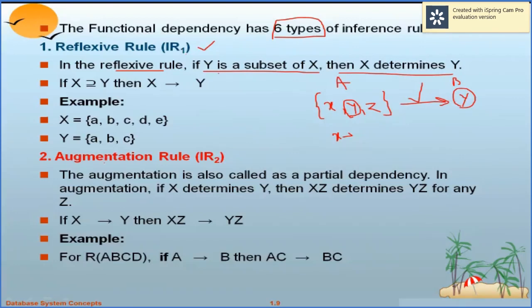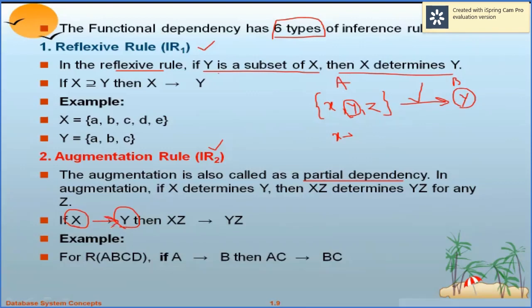So the next one is the augmentation rule. The augmentation rule is otherwise called inference rule 2. This is otherwise called partial dependency. Let's see why this is called partial dependency. Assume I have attribute x and also attribute y, and this x is determining y.